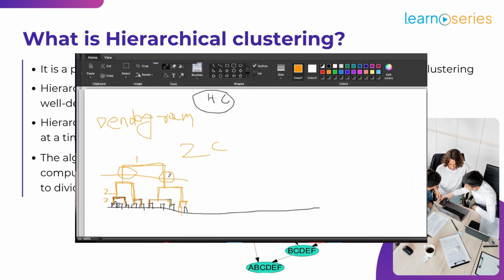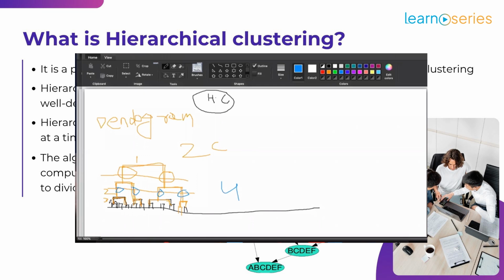But if you intersect here, now you see there are four lines, one this, this and this. That means there are 4 clusters.